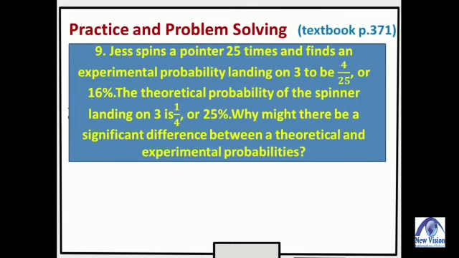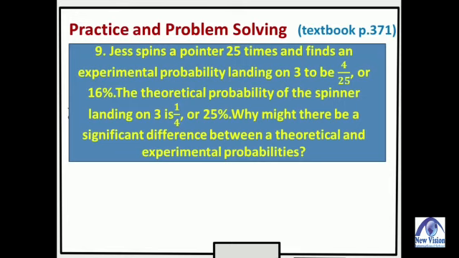Now let's do number 9. Jess spins a pointer 25 times and finds an experimental probability of landing on 3 to be 4/25, or 16%. The theoretical probability of the spinner landing on 3 is 1/4, or 25%.